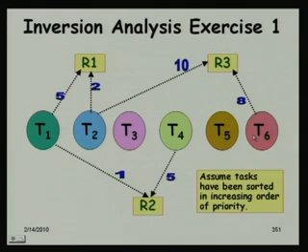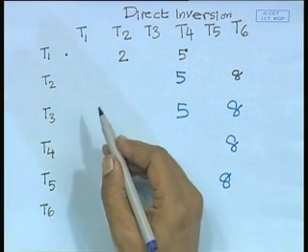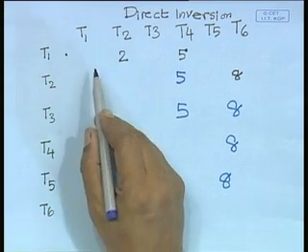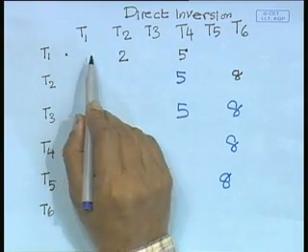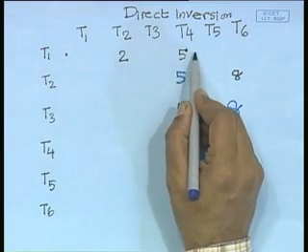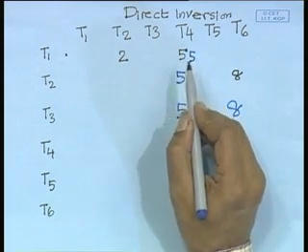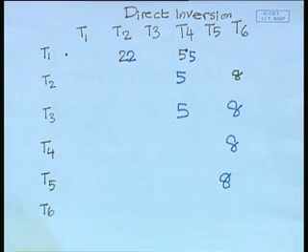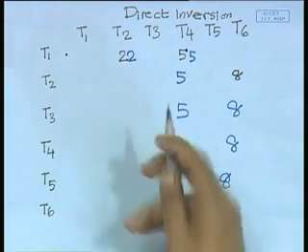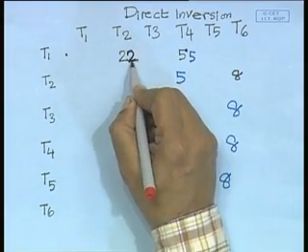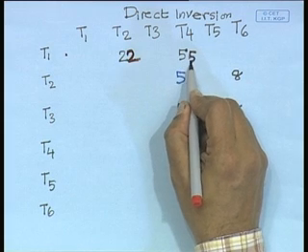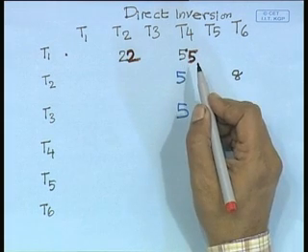So, let me just write down your observations. You said that T1 undergoes inversion on account of T4 and T2, on account of T4 for 5 and on account of T2 for 2. Okay, let me use a different color, the blue. The blue is for inheritance inversion and the red is for avoidance inversion.